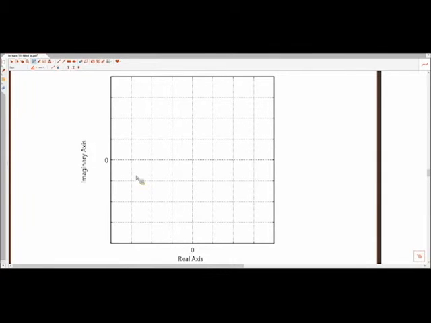So when we start these root locus plots, we're going to just plot the open loop poles and zeros.